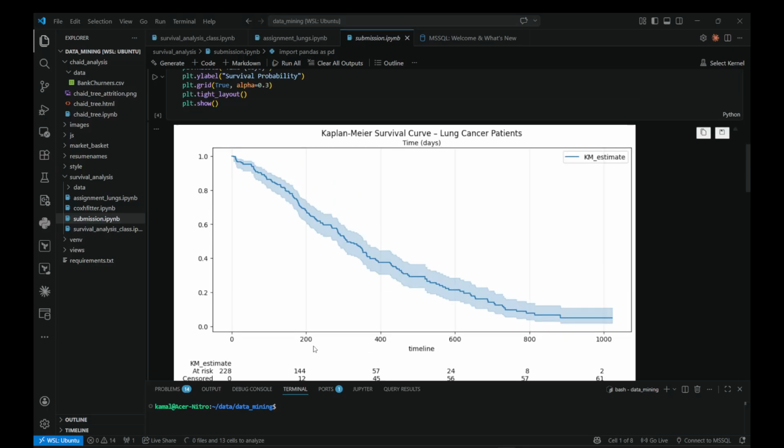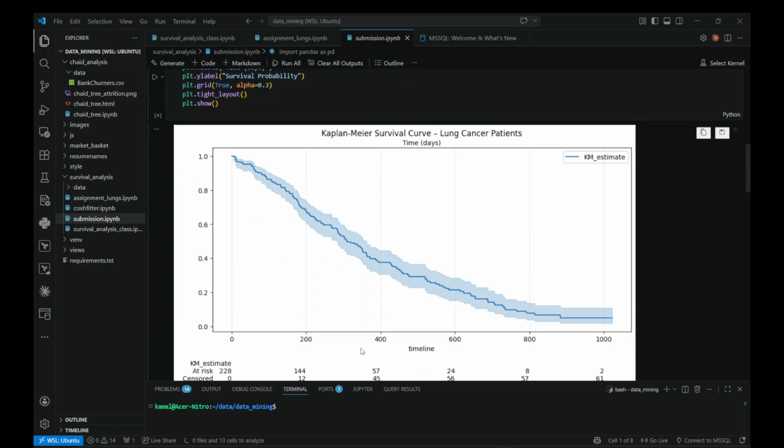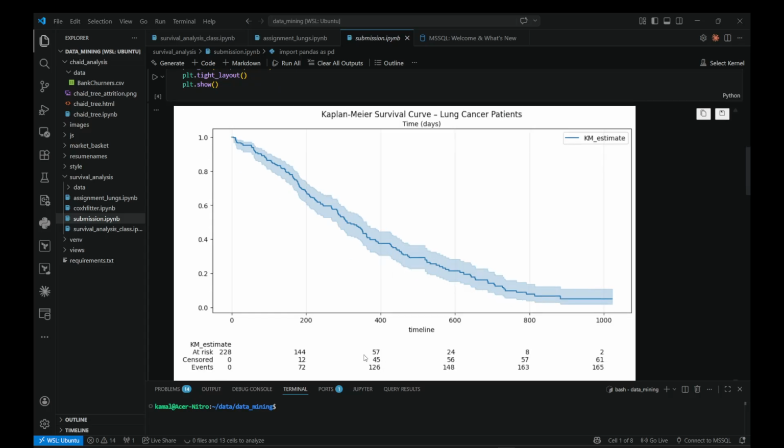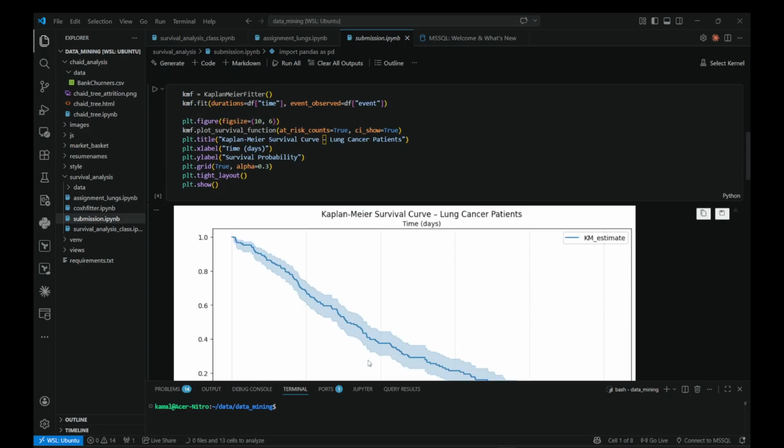Kaplan-Meier is descriptive. It tells us what the survival pattern looks like over time, but it does not tell us why. It treats all patients as one group, or it must split them into a smaller number of groups.